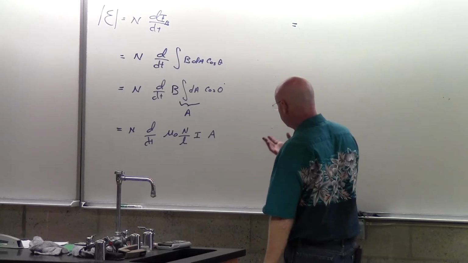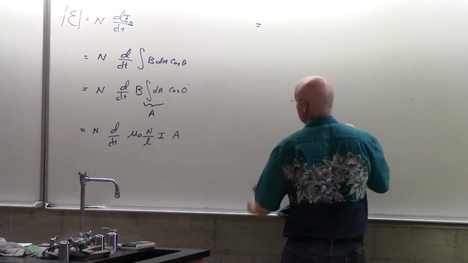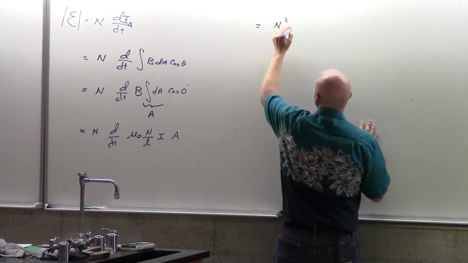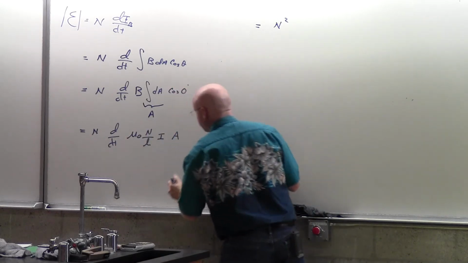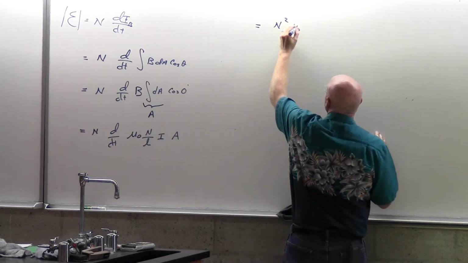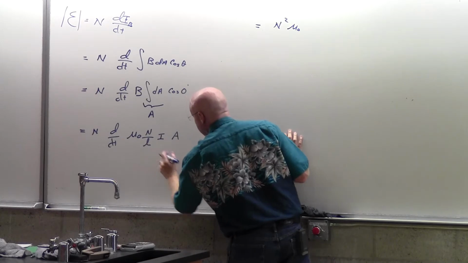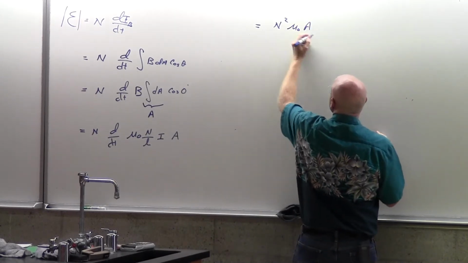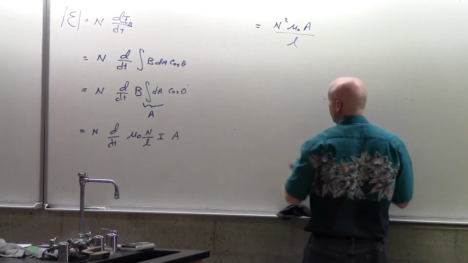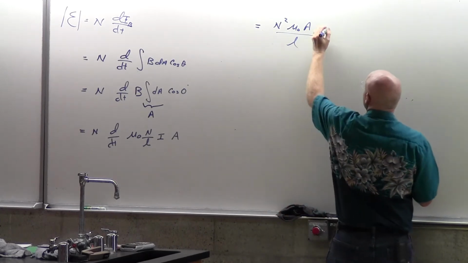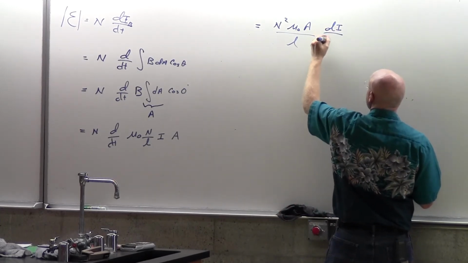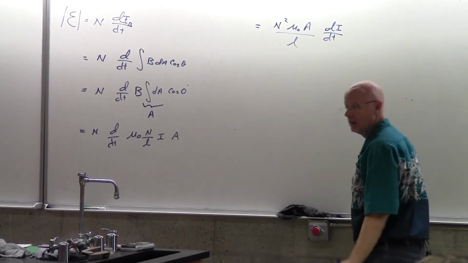And so if I rewrite this equation, I can put the two n's together, so there's n squared. Then I can put the mu naught. Then I can put the area. Then I can put over L. And then I get the di dt.